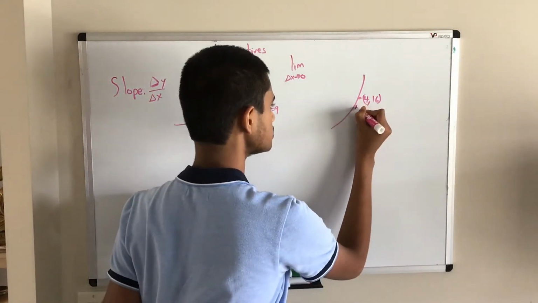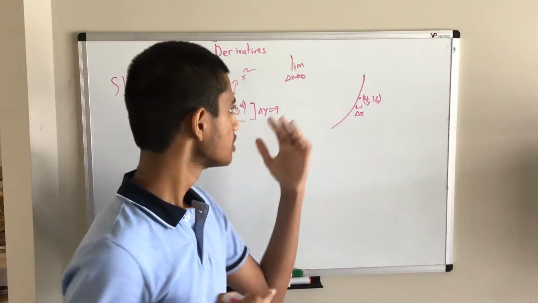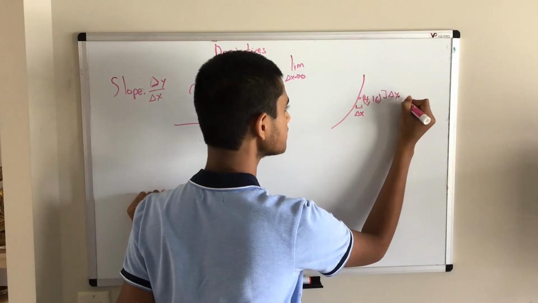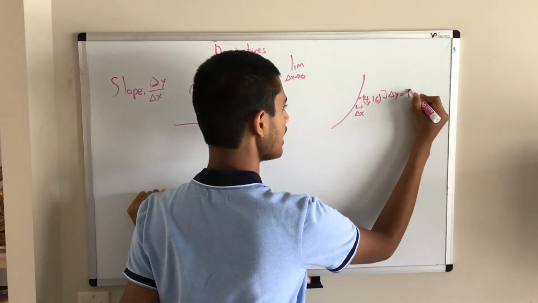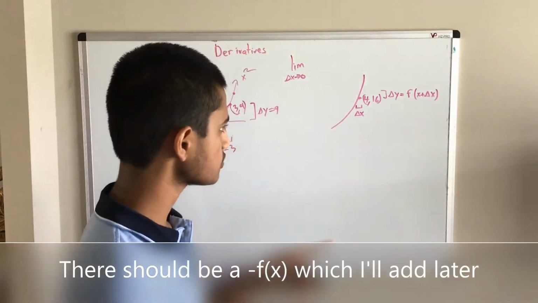Well, this is going to be the change in x. And as you may know, we want the change in x to be as close to 0 as possible. And then our change in y will simply be equal to f of x plus the change in x, f being the function, which is x squared.